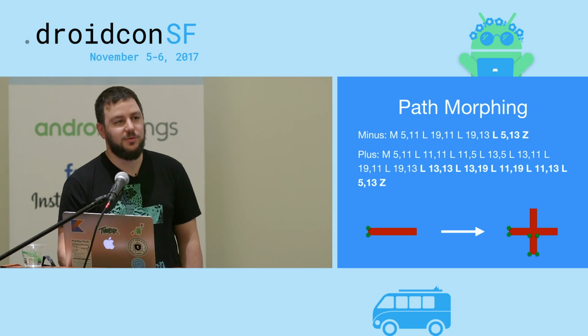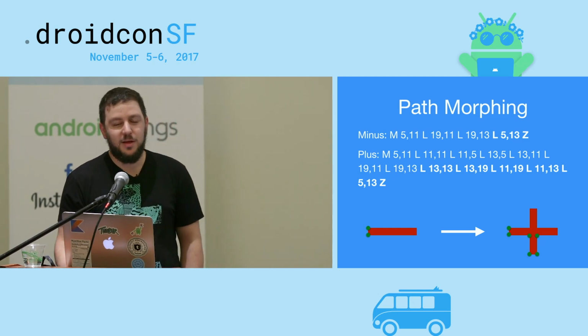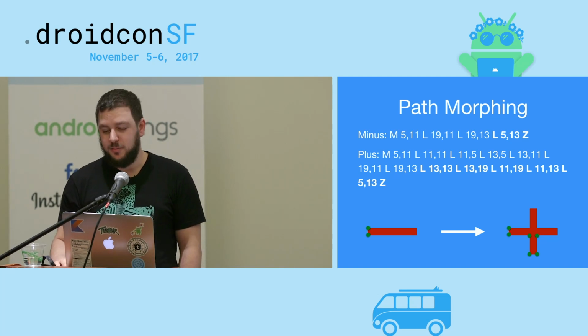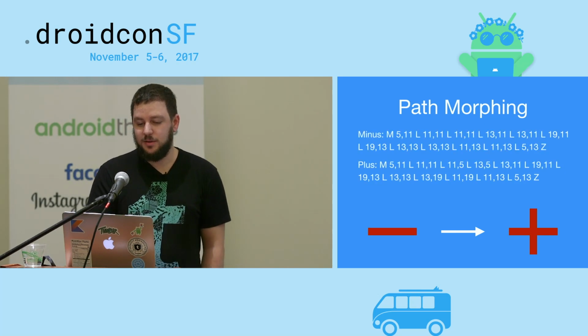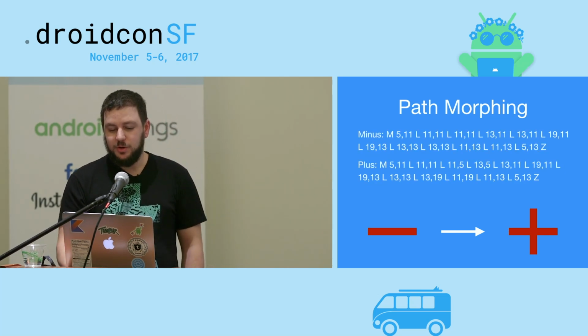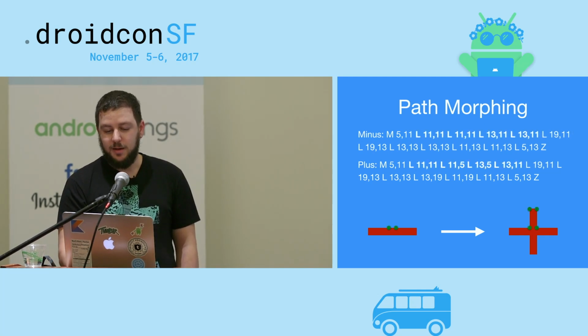So what we need to do is add these extra commands to the minus path without actually changing the shape of the minus. So we determined that in order to get to the second command of the minus, we need to add 4 commands to match the plus. So we do that.